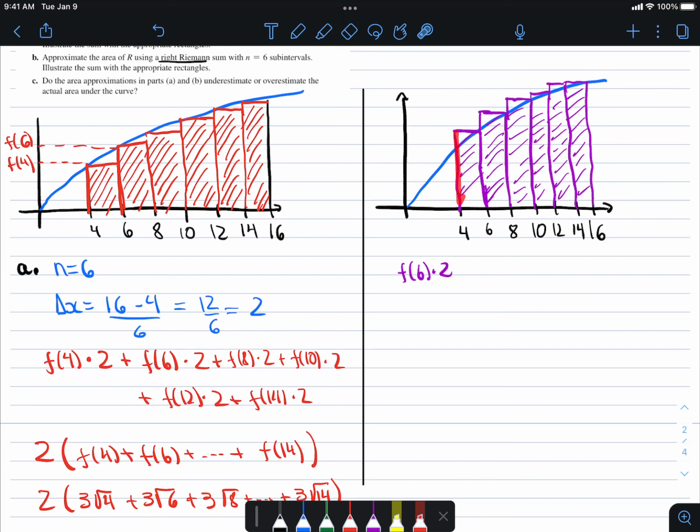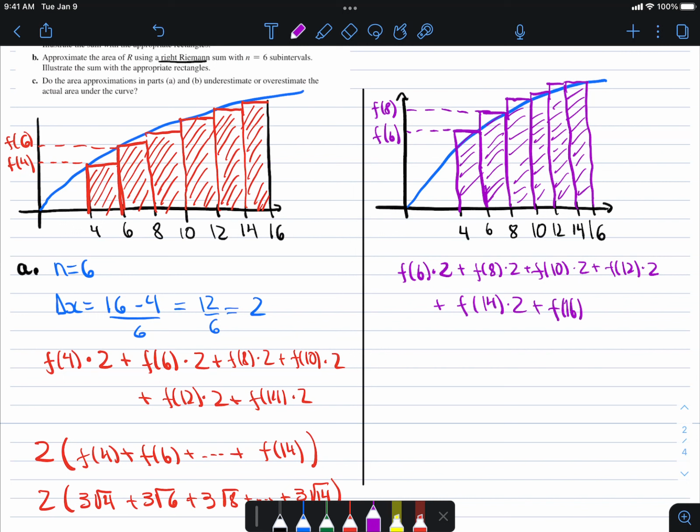So this first rectangle has height f of 6. The second one has height f of 8, and so on. F of 10 times 2 plus f of 12 times 2 plus f of 14 times 2 plus f of 16 times 2.